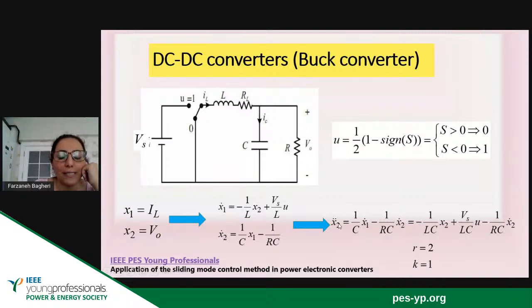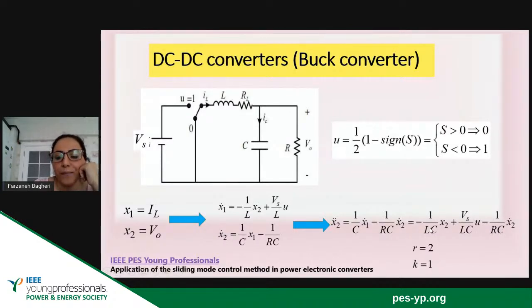Then let us also find x2 double dot, or the second derivative of x2. Substitute x1 dot from the first equation, and finally you get this final equation, which shows that the second derivative of x2 is equal to a function of x2, u, and x2 dot.